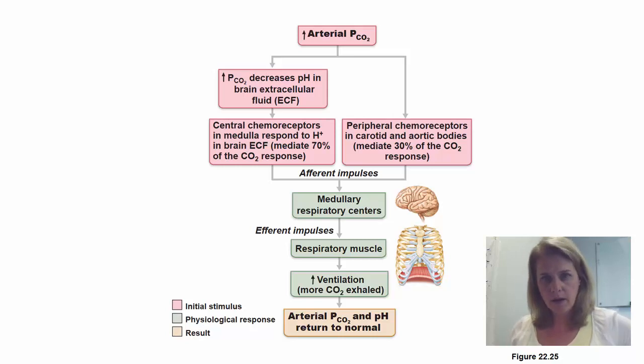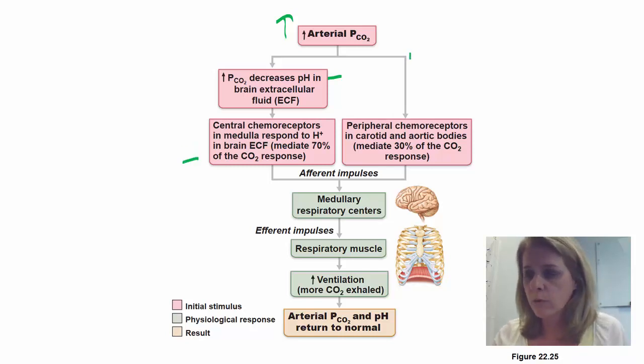So think about all of this integrated together. Your arterial CO2 levels are going up. So think holding your breath. That CO2 is going to cause an increase in hydrogen ions, which is going to decrease your pH in the brain. That's going to cause the chemoreceptors in the brain to respond to those high hydrogen ions.